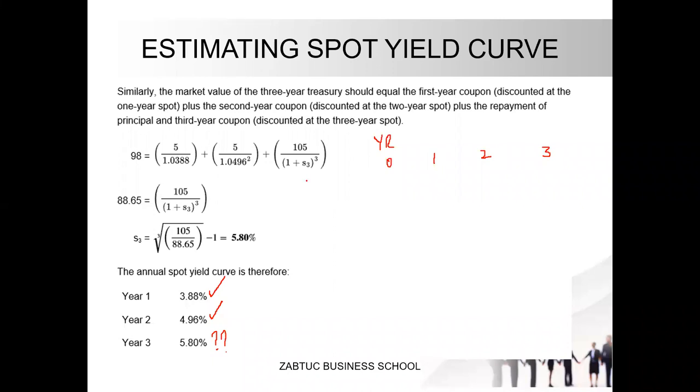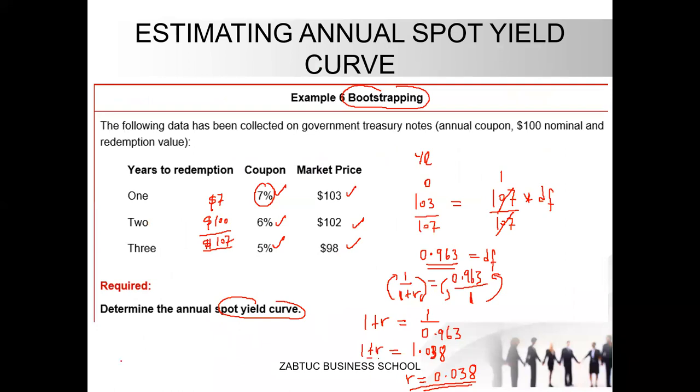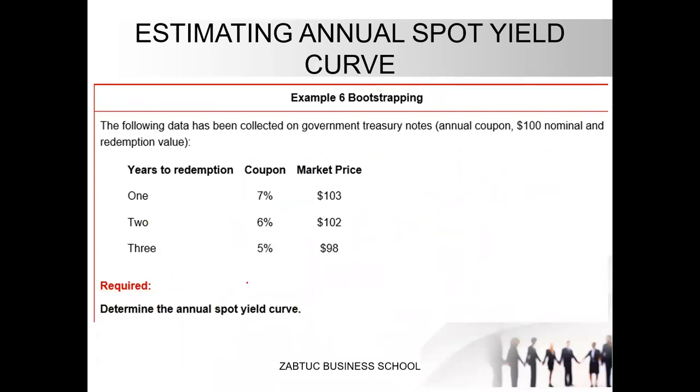So there's a bond here. What's the coupon rate of this bond? Let's check it out. The coupon rate is here. What's the market value? 9.8.